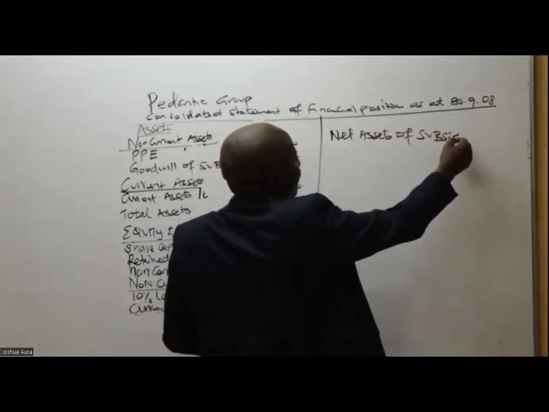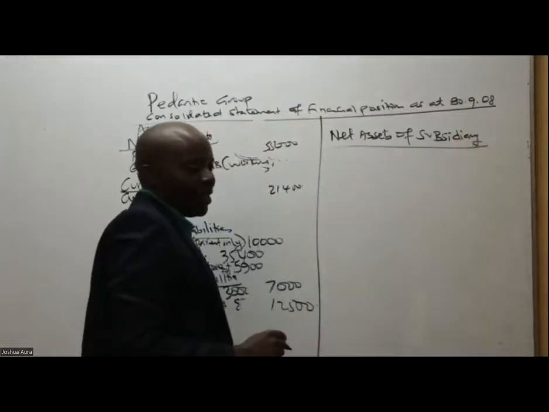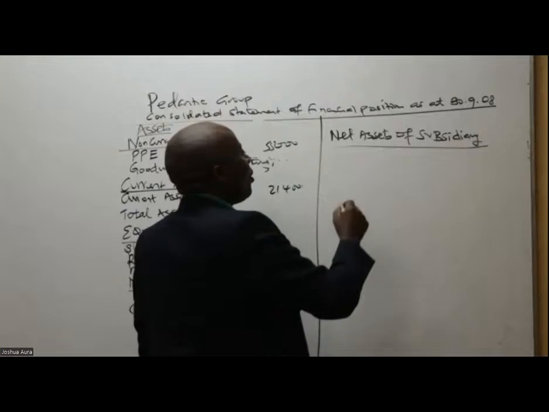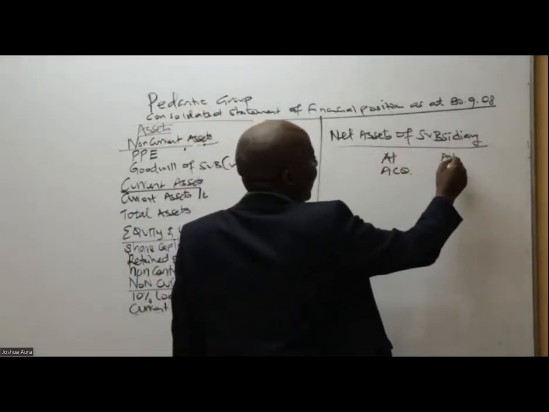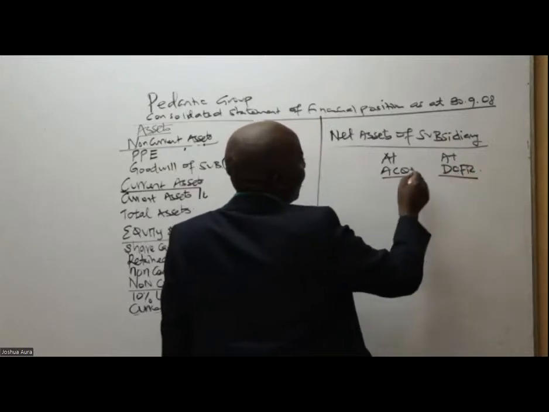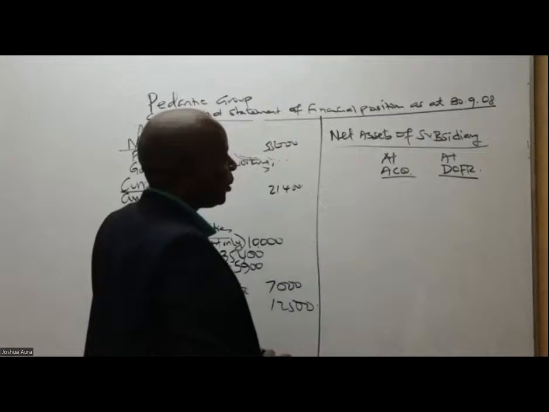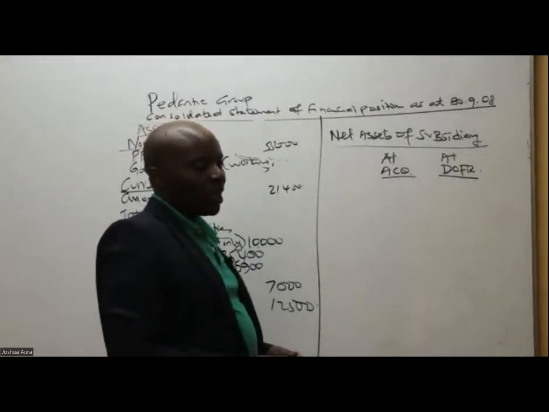Write it like that: net assets of the subsidiary, at acquisition and at reporting, or at the date of financial report.